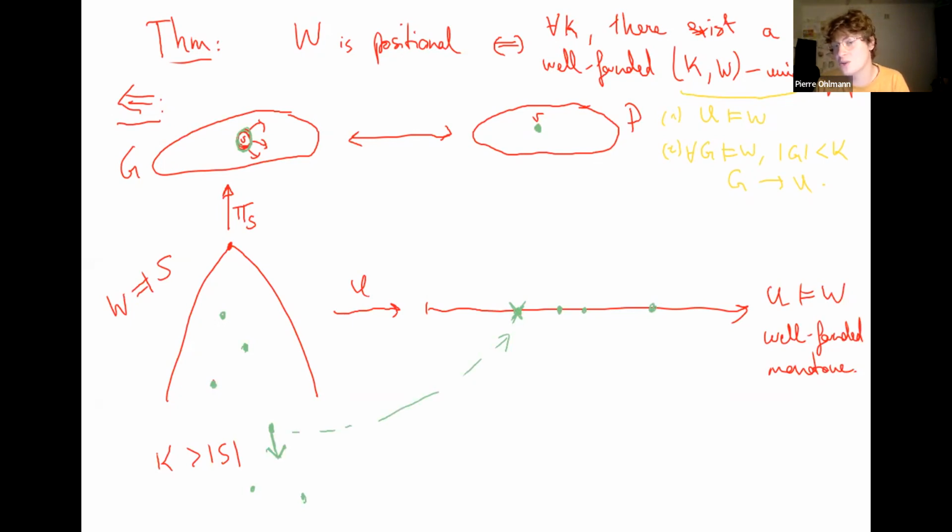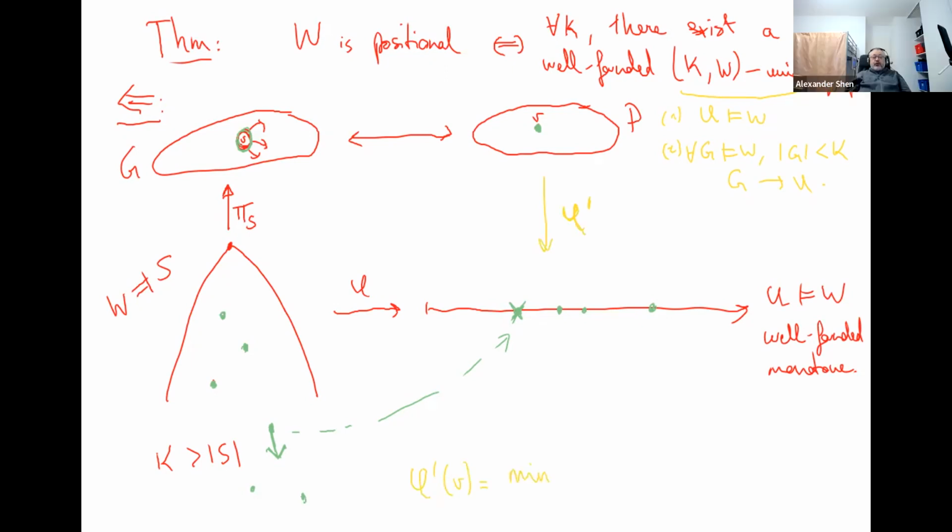So let me maybe finish the proof. Actually, for the sake of clarity of the proof, I'm going to do this not only for vertices that belong to Eve. I'm going to do this for all the vertices. So I'm going to define here a phi prime. Phi prime of V is the min.